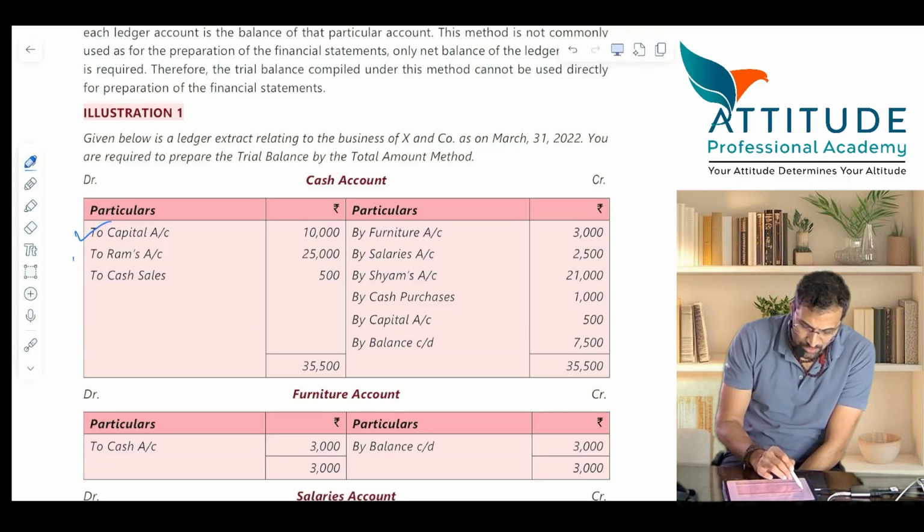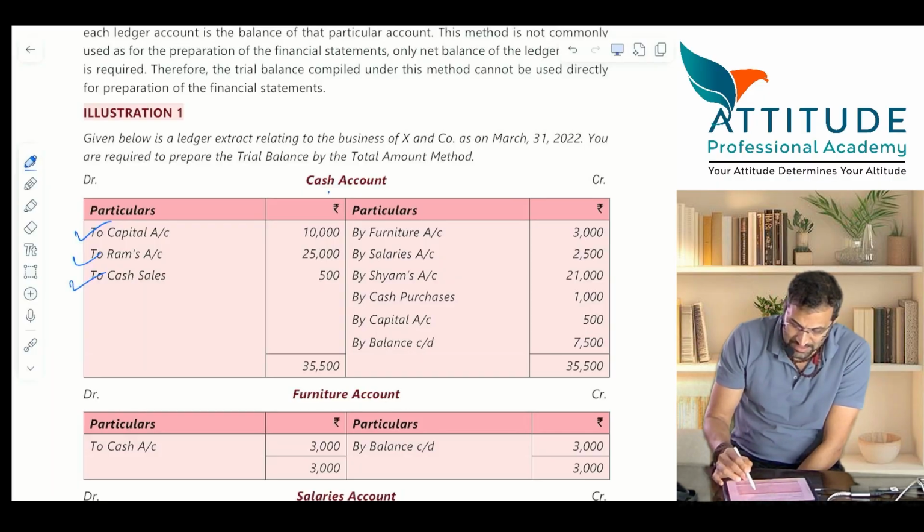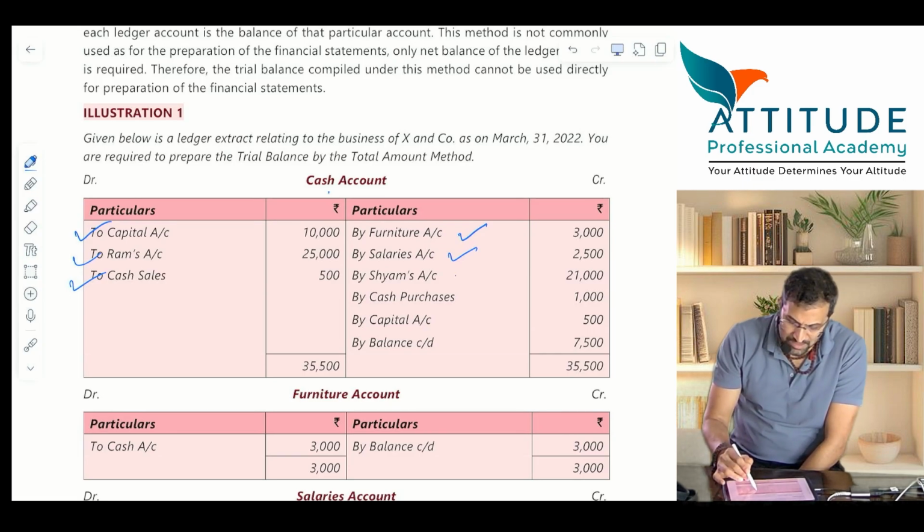Cash account debit to Ram, cash received from Ram. Cash account debit to sales, cash sales. Furniture account debit to cash, purchased furniture. Salary account debit to cash, salary paid. Sham account debit to cash, paid to Sham. Cash purchases, purchase account debit to cash. Cash withdrawn from the business for personal use, capital account debit to cash.